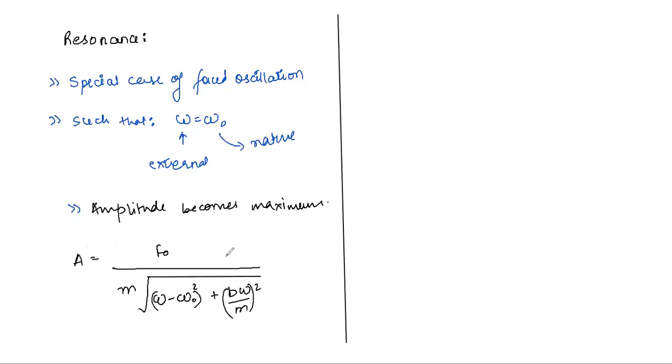Now class, have a look. What I am saying is, if this denominator becomes minimum, then this A will become maximum. Agreed? Now when can this become minimum? What is the minimum value of a squared number? Can any one of you tell? Atul, can you try this?